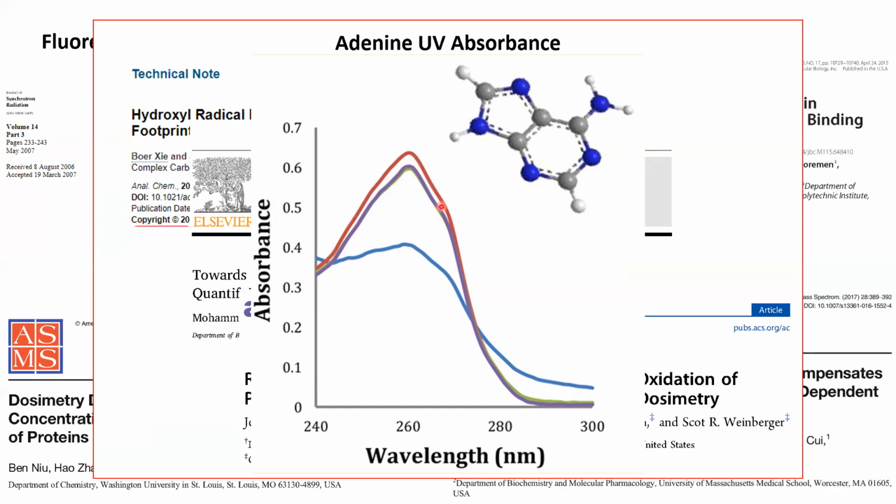However, if you expose the adenine to both hydrogen peroxide and the excimer laser, so you expose it to hydroxyl radicals, the adenine becomes oxidized, and the oxidized adenine loses that strong absorbance band at 265 nanometers. So you can see a big drop off in UV absorbance at 265 nanometers when the adenine gets oxidized. This allows us to actually measure the oxidation of our internal standards simply by UV spectrophotometry, which is a very simple readout.